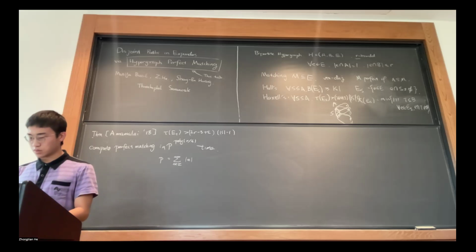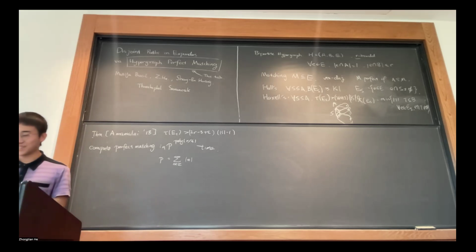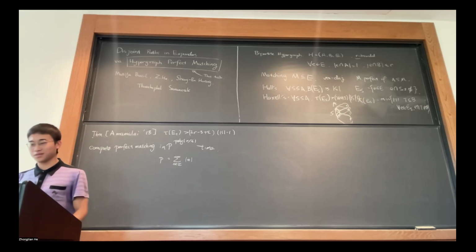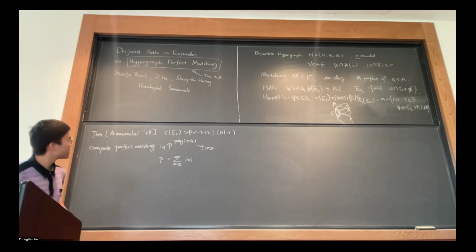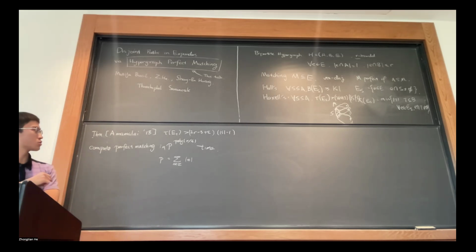Let me check. Yeah, it says that for every fixed choice of epsilon greater than 0. But epsilon should not depend on R and N, so that's the point. It's an absolute constant. So for R being, say, polylog, it is bad.